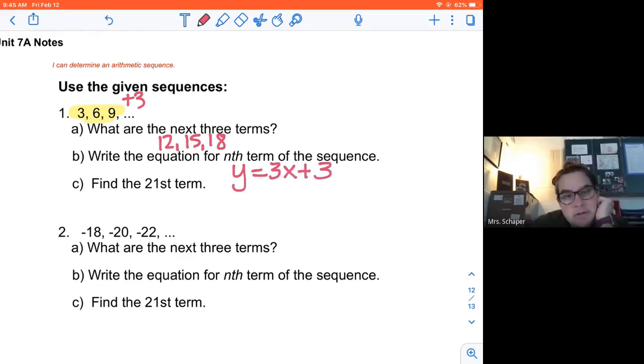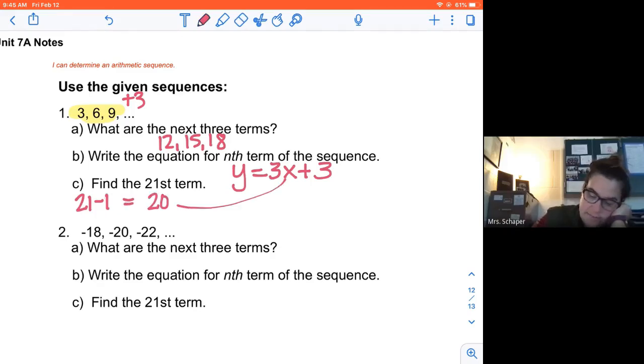And my starting number is 3. To find the 21st term, I take 21 minus 1. So I'm going to put 20 in for x. So 3 times 20 plus 3, 63.